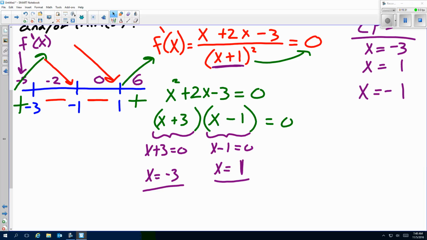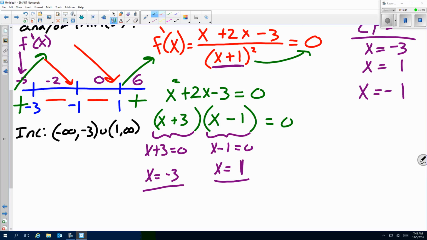Well, I notice that means I have intervals of increasing from negative infinity to negative 3, and then again from 1 to infinity. And I have intervals of decreasing functions from negative 3 to negative 1, and then again from negative 1 to 1.